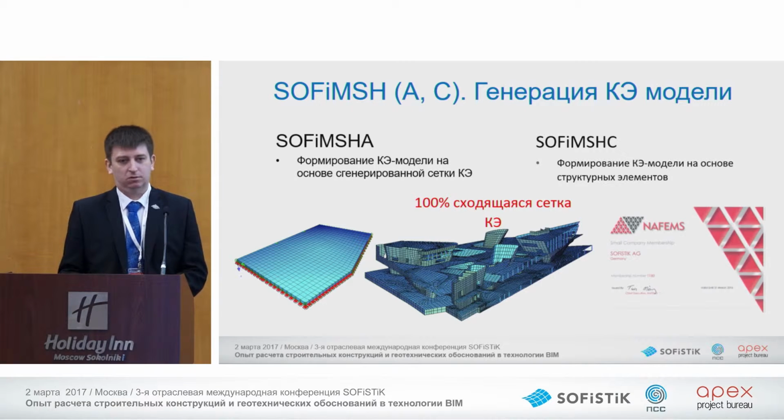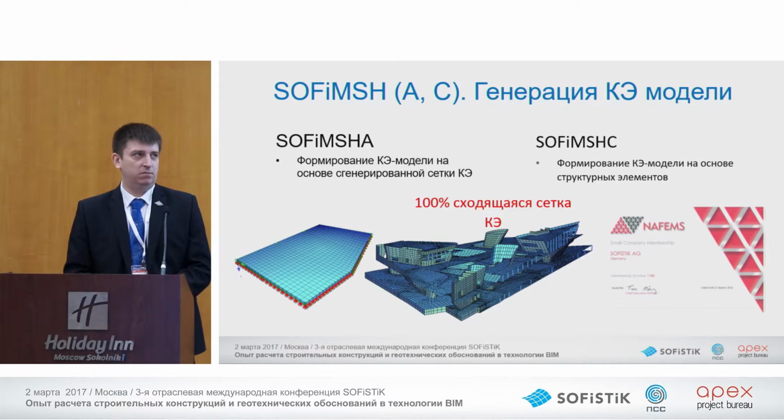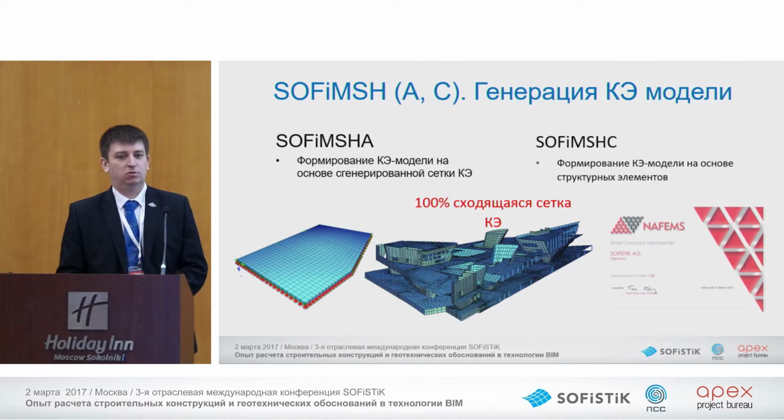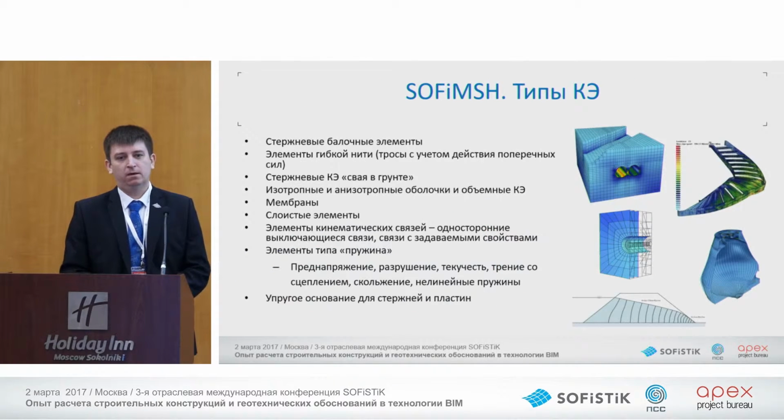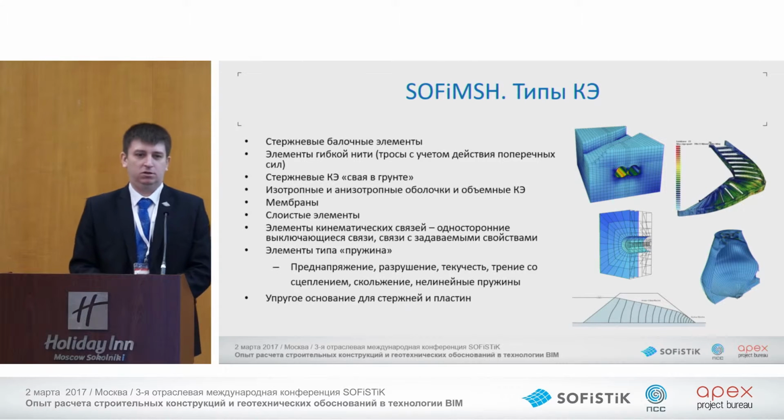Let's imagine you have a mesh generated in another product, and you can use SOFiMesh A to generate a finite element model, and this mesh is 100% correct, which is certified by an international certificate.